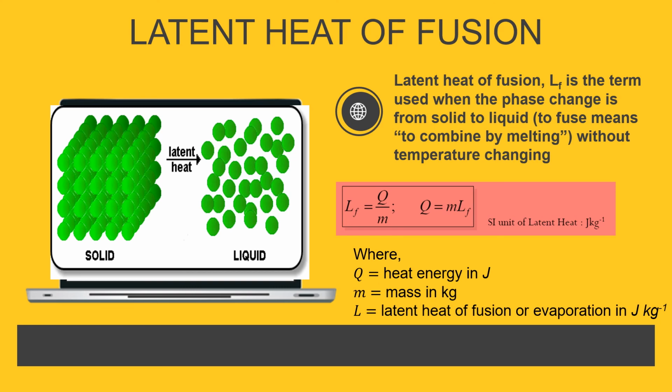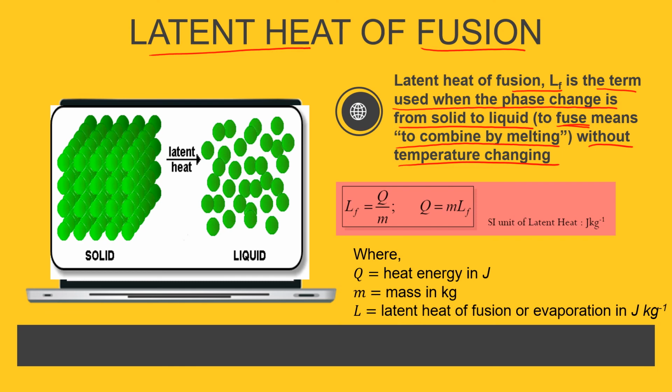So latent heat of fusion is a term used when the phase change is from solid to liquid. So to fuse tu maksudnya adalah to combine by melting without the temperature change. Ingat sebab latent heat tadi dia tak ada temperature change. So bila latent heat of fusion maksudnya dia adalah heat yang involved when the phase changes from the solid to the liquid without the temperature changing.